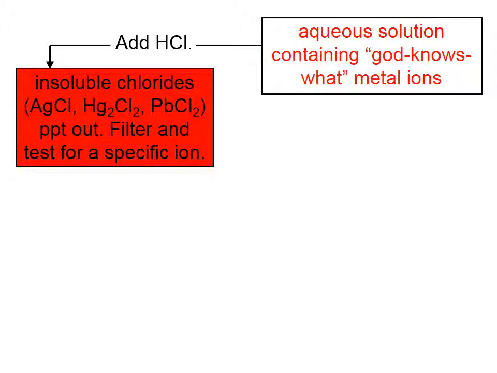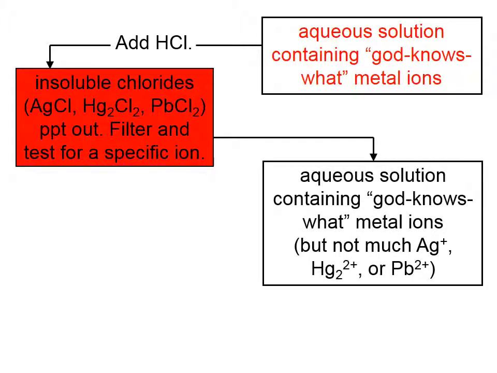In other words, if the silver ion is present, or mercury 1 ion, or the lead 2 ion, then the chloride compounds of those will precipitate out. And we can filter those and then we can test them specifically if we want. Any other metal ions that are in the solution will stay in there. They are not affected by us adding HCl.